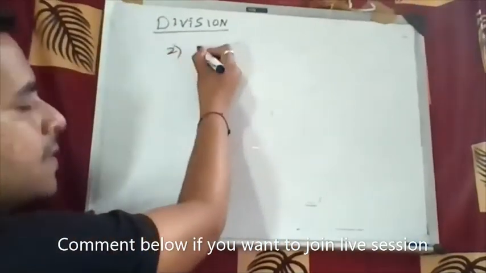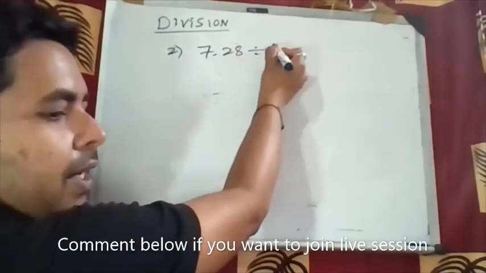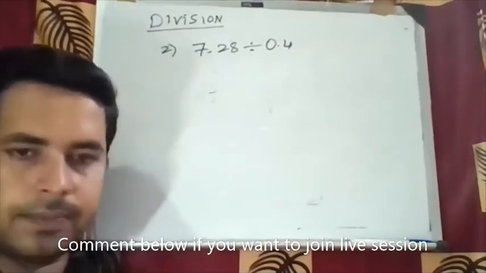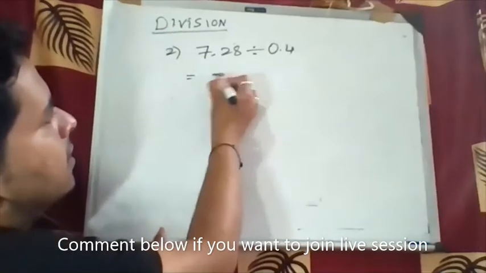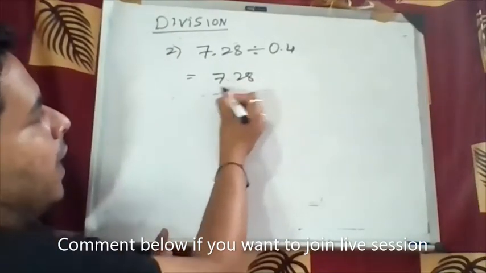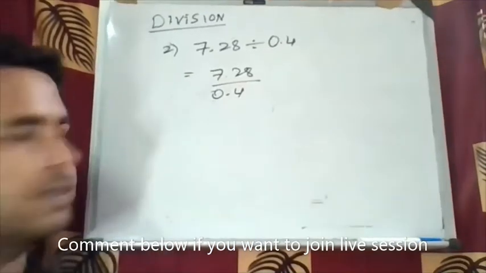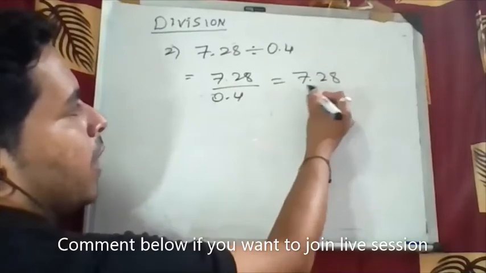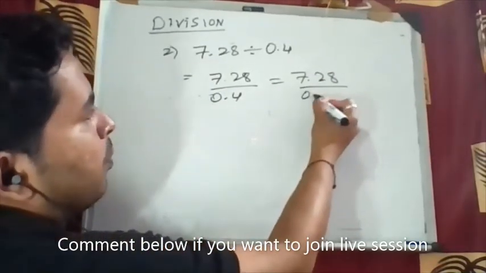One more example is 7.28 divided by 0.4. What will be the answer? If they give it like this, here 7.28 and 0.4 are there. So make the decimal places equal. How to make equal decimal places? The upper one is 7.28; for the lower one, make 0.40.